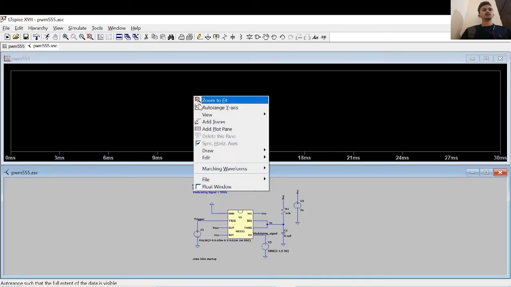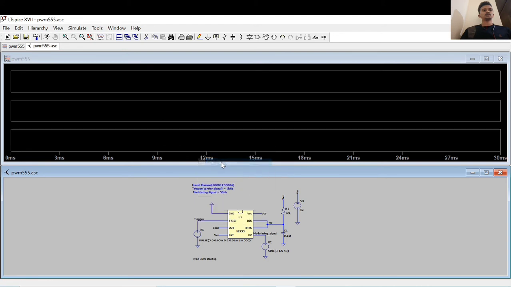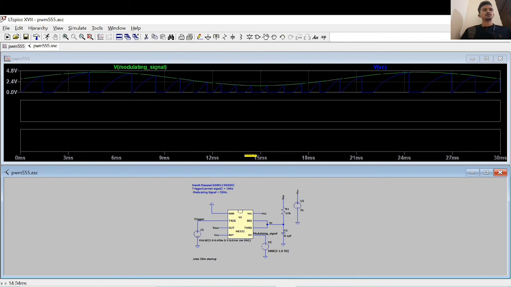So we'll take 3 plots for checking all the inputs. So here we'll first take the modulating signal, which is a very low frequency signal. Then we'll see the capacitor charging and discharging depending upon the input signal.